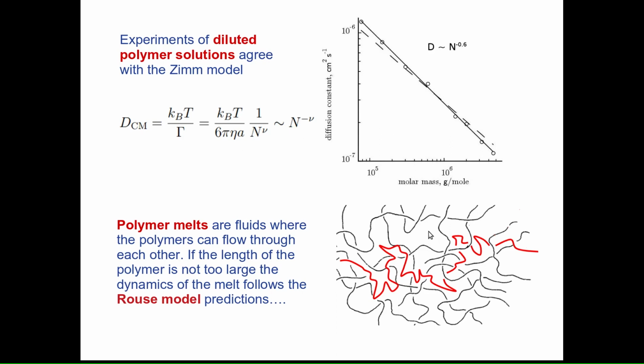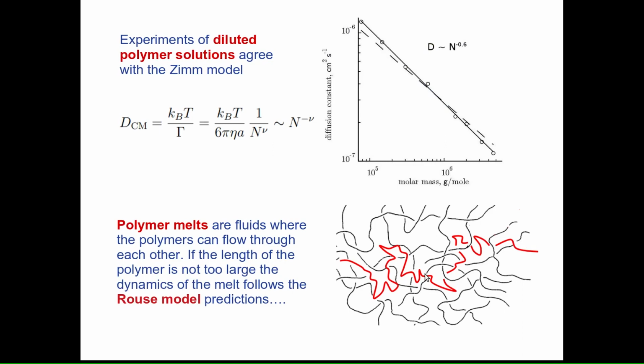And let's also consider that the length of each polymer is not too large. In that case, one finds that the Rouse model works.